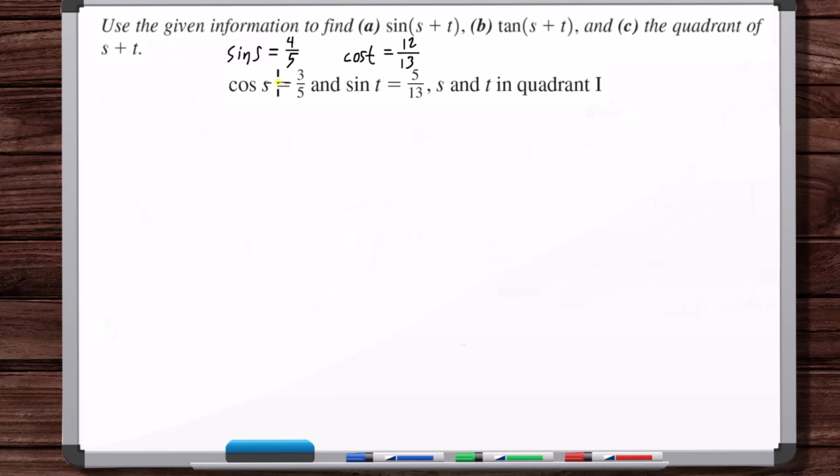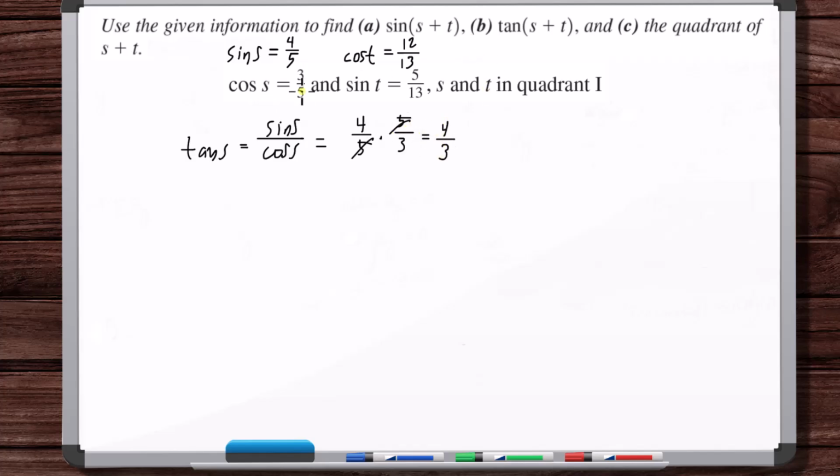Okay, but now we need tangent of s and tangent of t. How can we get that? Based on the quotient property, tangent of s is sine of s over cosine of s. Sine of s is 4/5 divided by cosine of s, so we take the reciprocal.